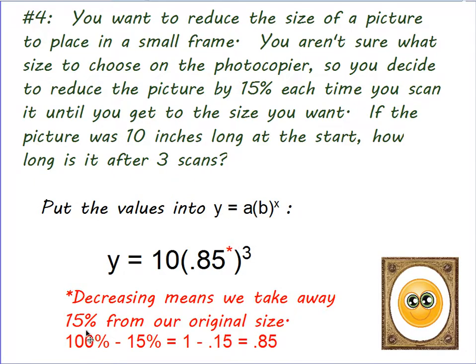If I'm decreasing by 15% each time, after I decrease by 15%, I actually have 85% of the size left over. 100% decreasing by 15% each time leaves me with 85%, and it's the 85% written as a decimal that I would put in as my rate.